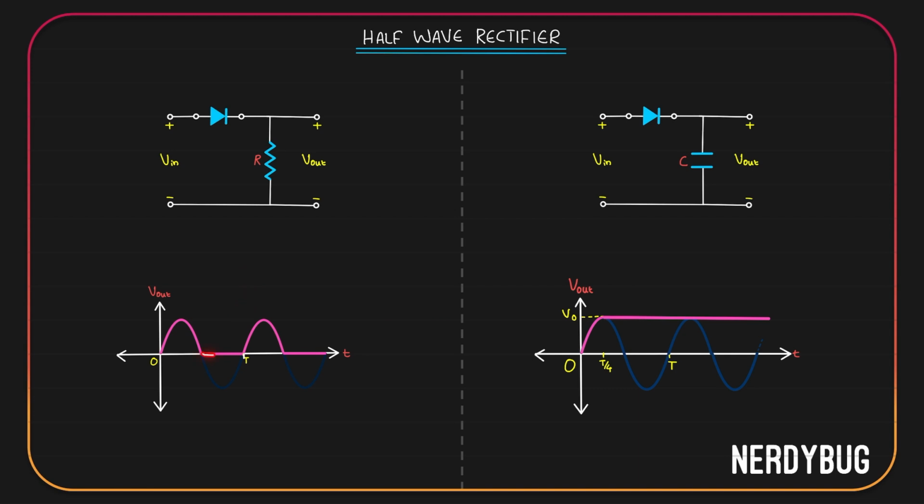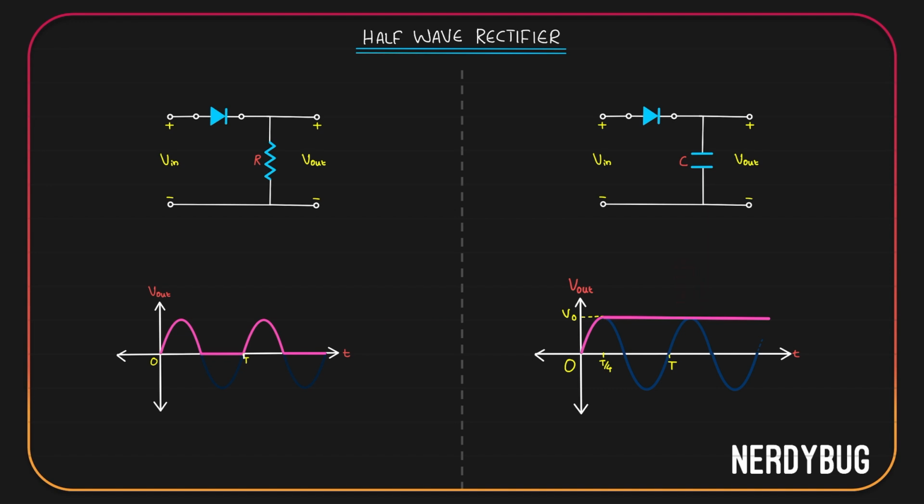The circuit did rectify the negative half cycle, but the output is still oscillating. On the other hand, when we took the output across a capacitor, we actually got a unidirectional constant voltage, which is what we wanted in the first place. We had to get a DC output from an AC input. Somehow we have got it here.